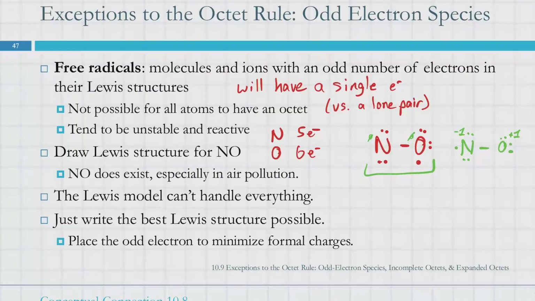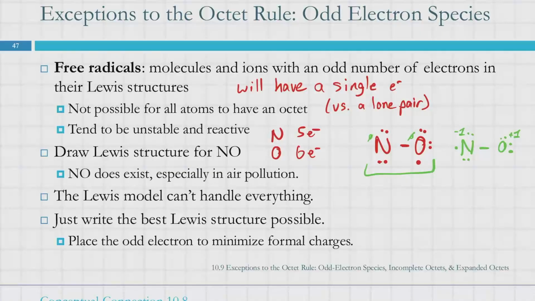So our Lewis structures sometimes will have free radicals. We will just try to get as close to an octet as we can. If we look at our oxygen in the correct structure, we've got 5 electrons for octet from lone pairs plus radical. We've got another 2 from the single bond.